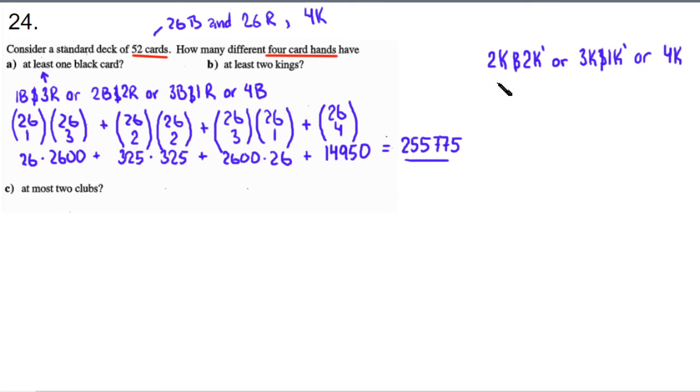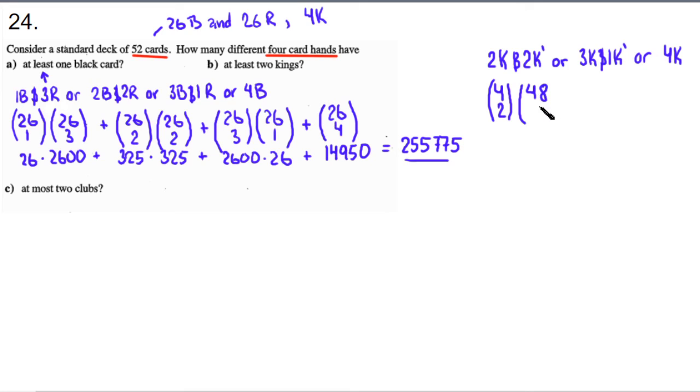So over here, for the first one, the number of ways we can choose 2 kings is going to be 4 choose 2. Times the number of ways we can choose anything but a king. So if 4 of the cards are kings out of 52 cards, it means we have 48 cards that are not kings.